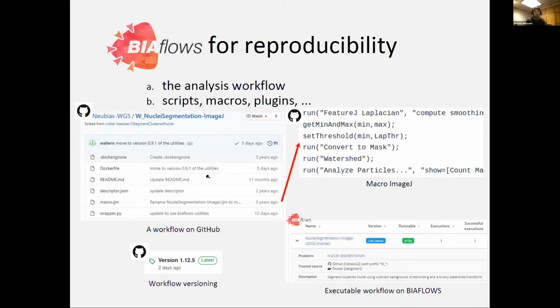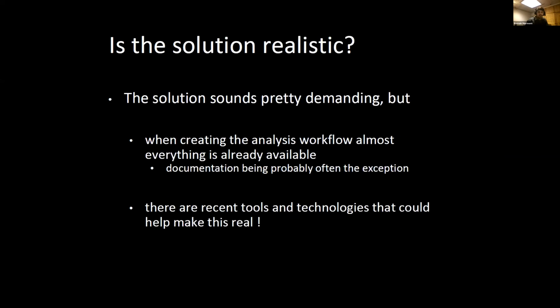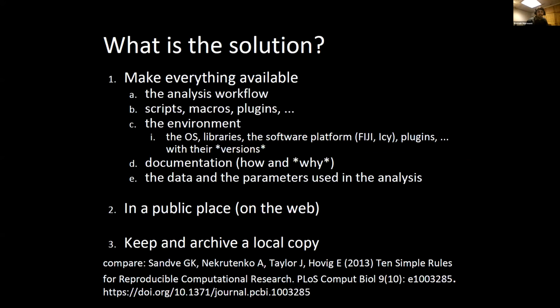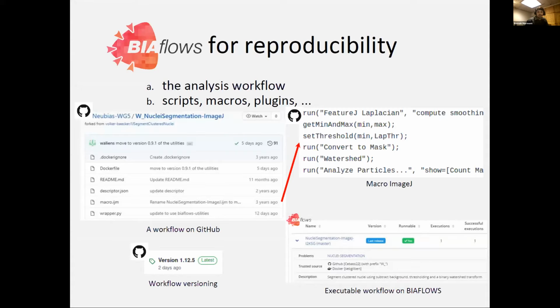Okay, so how do we use all that? I've taken the bullet points from this slide, A, B, C, D, E, and I will show you how we use different tools for building BIAflows. When you have a workflow with BIAflows, you will put it on GitHub as a repository. You will have to define a set of files.